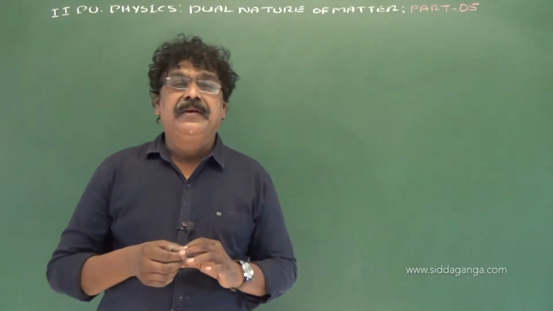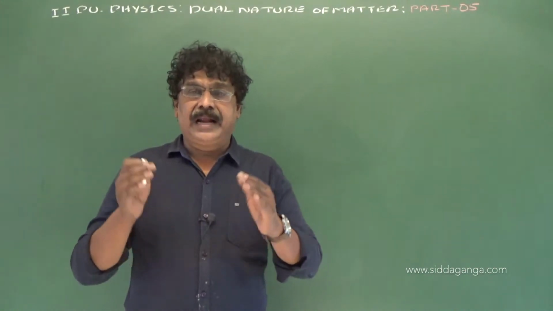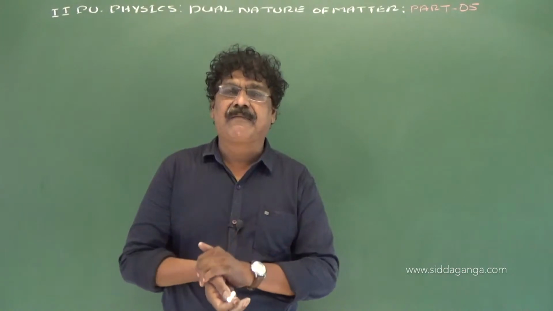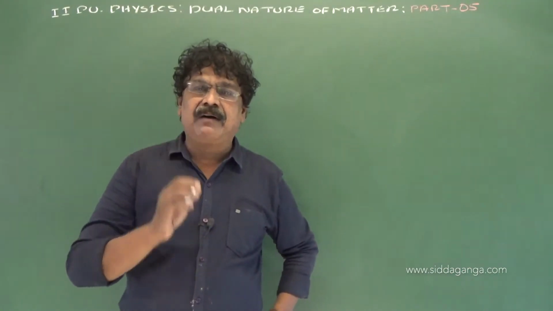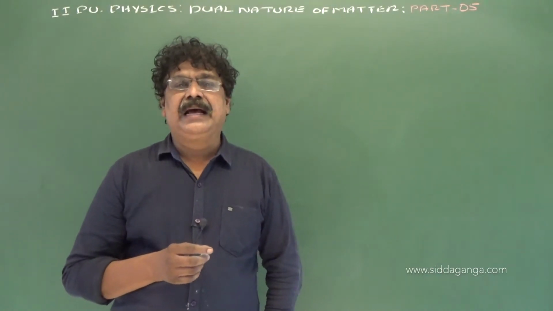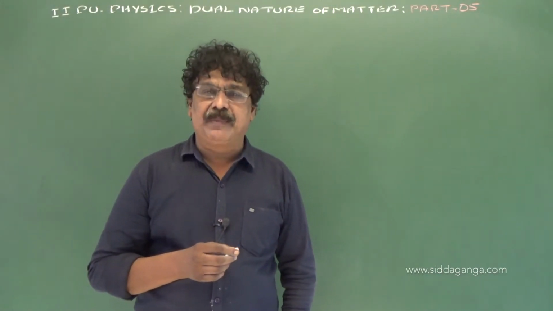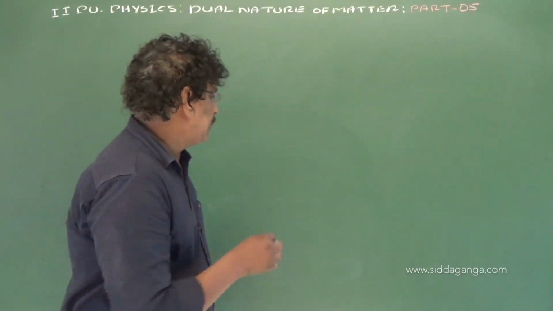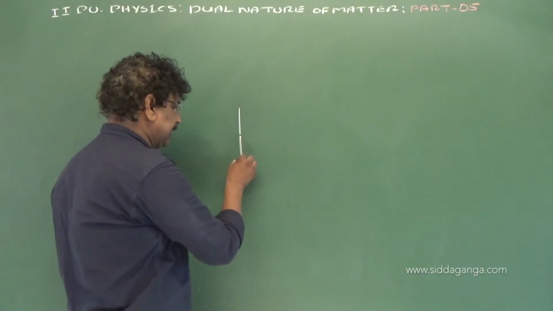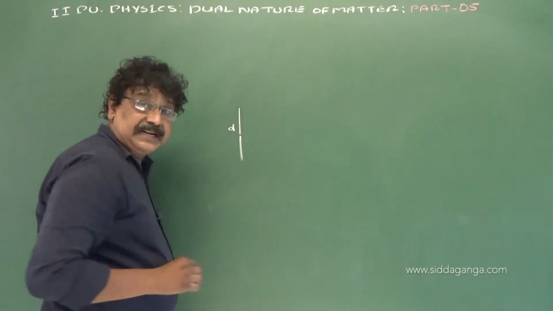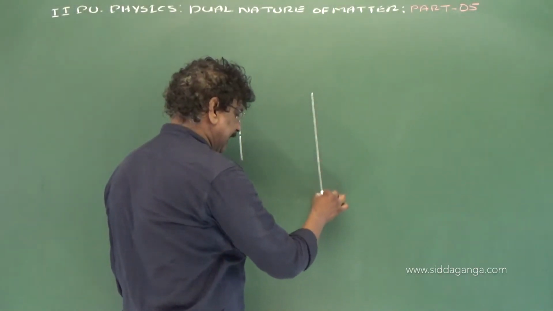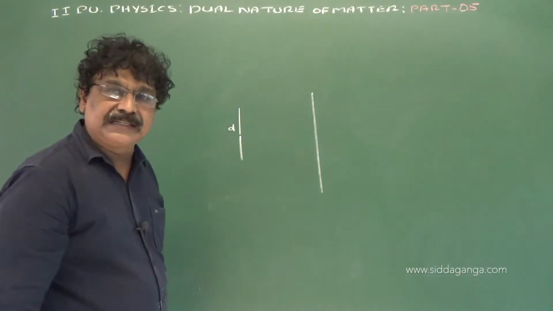For that, we need to understand the diffraction of light. Diffraction of light means the bending of light around the corner of an obstacle and entering into the geometrical region. Suppose we have a very narrow slit of width d, and a screen placed in front of the slit.